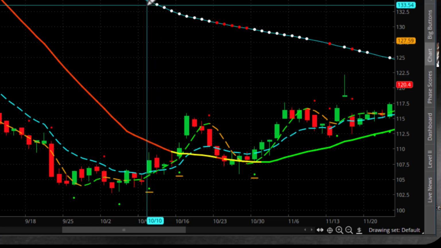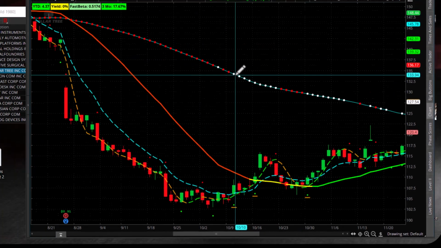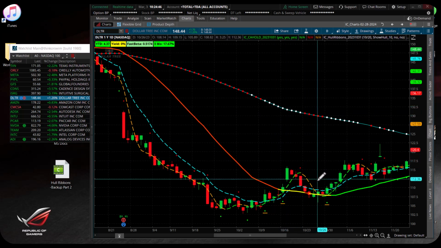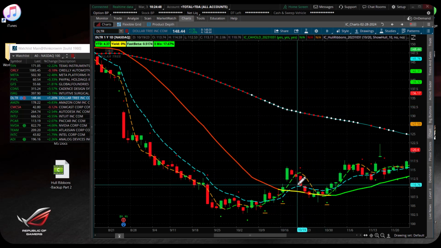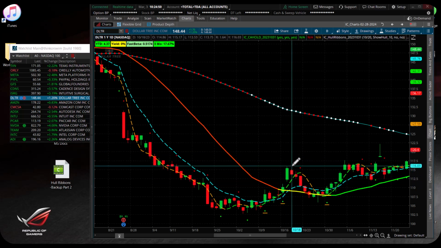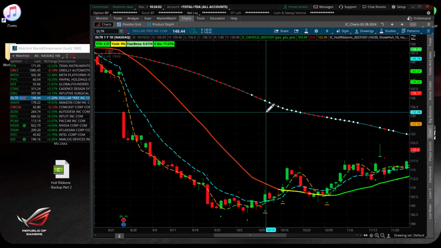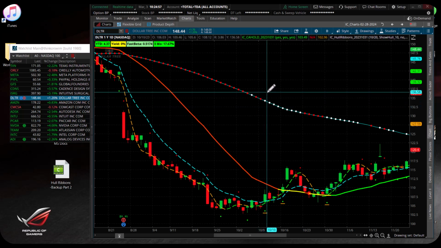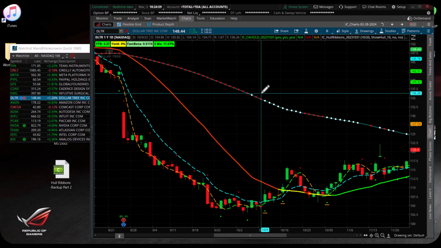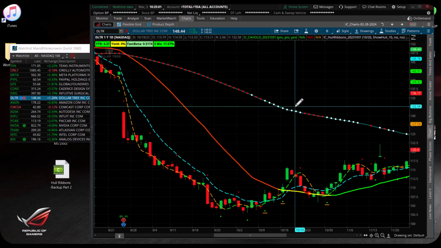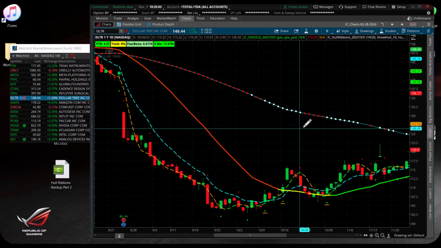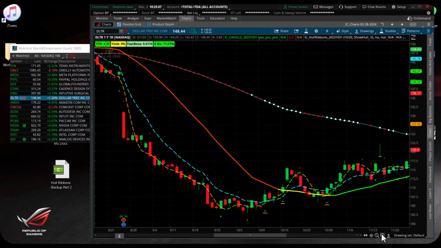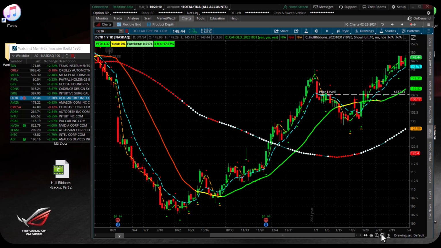So anything that's a white dot is by definition phase 2 or phase 3. In this particular case, what you're looking for is these transition points. You're looking for where it goes from a red dot to a white dot, or a white dot to a red dot. And hopefully you're in the right spot to where you can spot those transitions.